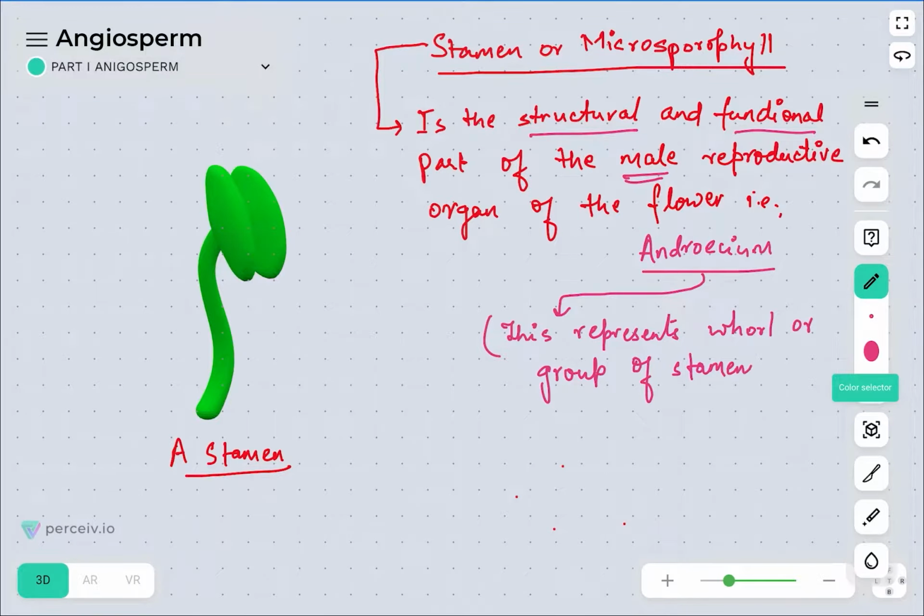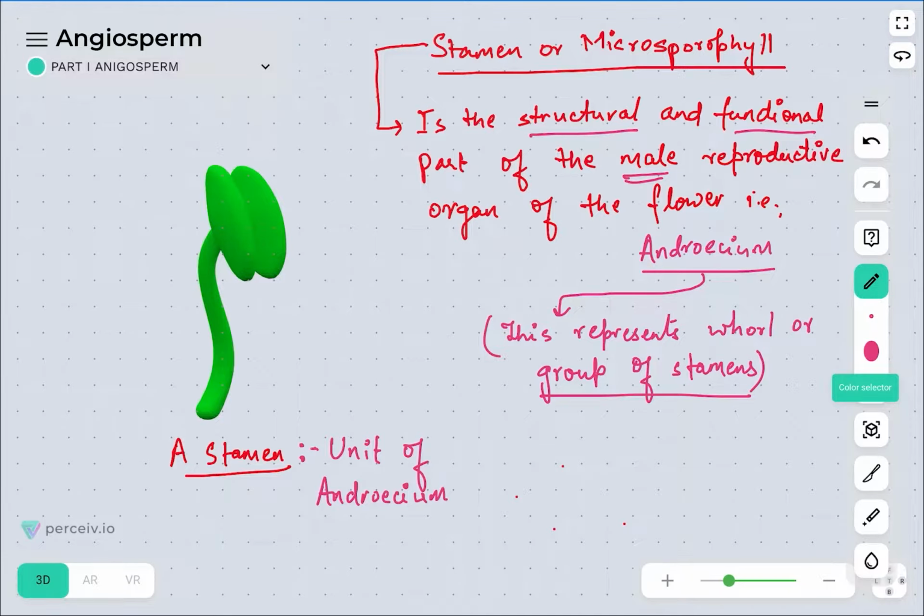Understand this fact very carefully, that there is a difference in the biological terminology. Androecium is the group of stamens, but when we consider only the stamen, it is the unit of Androecium.